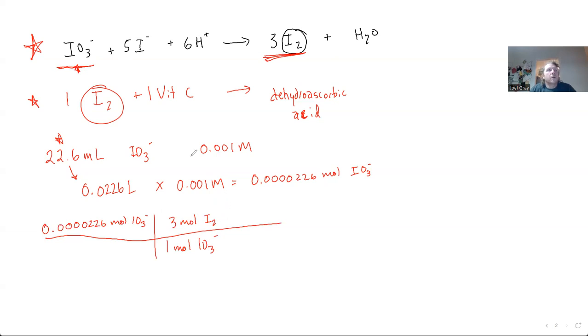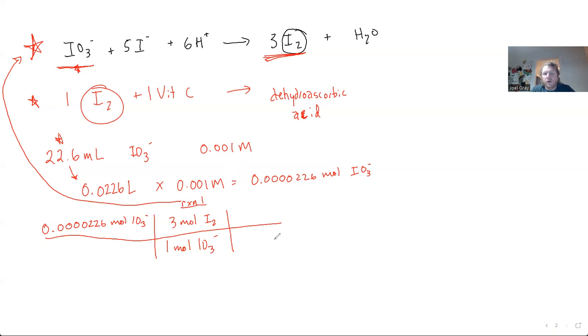Now, we have to look to our second reaction there. Our second reaction tells us that we have a ratio of 1 mole of I2 to every 1 mole of vitamin C. What we are trying to figure out is how many moles of vitamin C are in this solution. So what we can do is say this part from reaction 1, I'm going to draw an arrow to it. That's where that ratio came from.